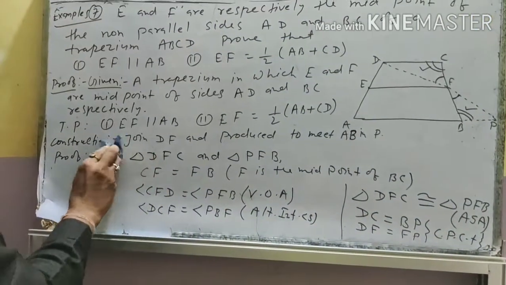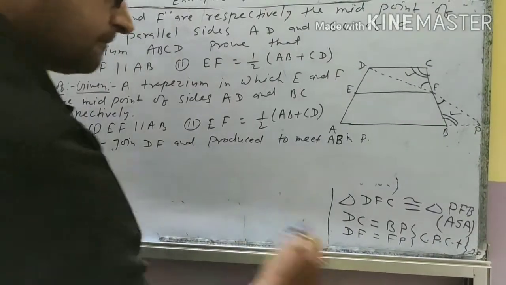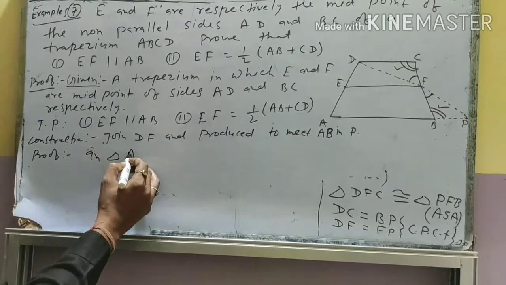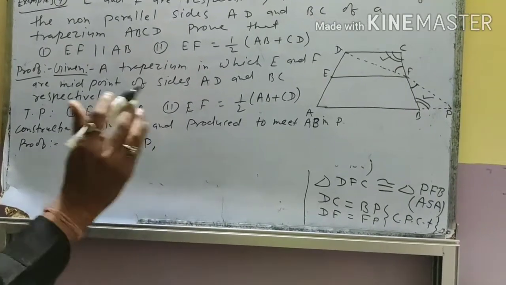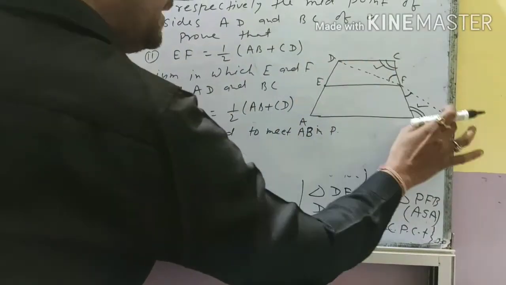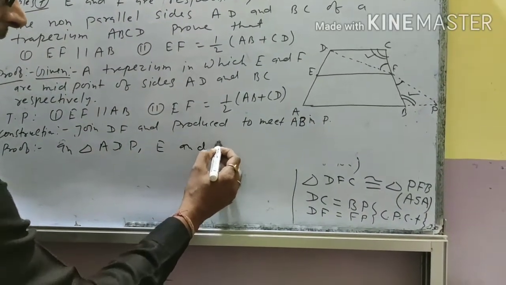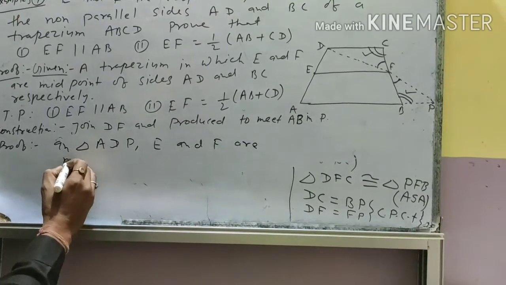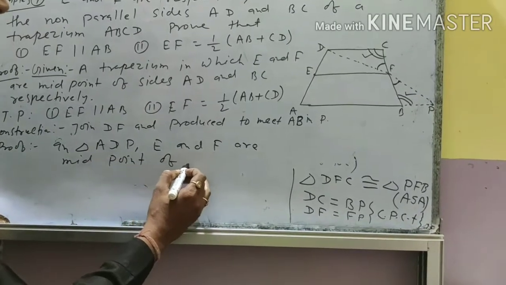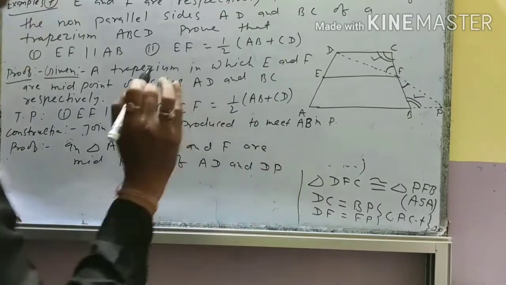Okay student, after that, in triangle ADP, first of all you have to make the triangle. In triangle ADP, E and F are the midpoints of AD and DP respectively.